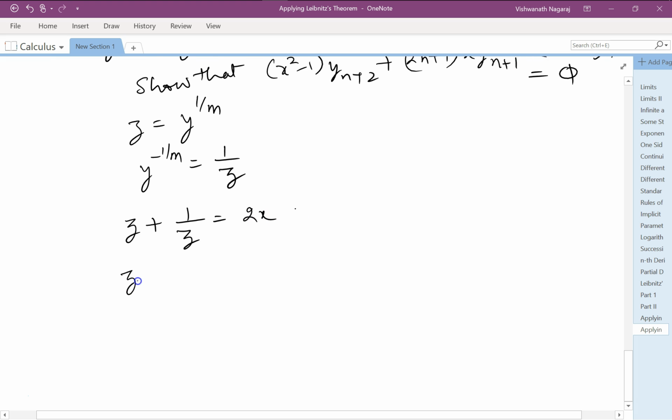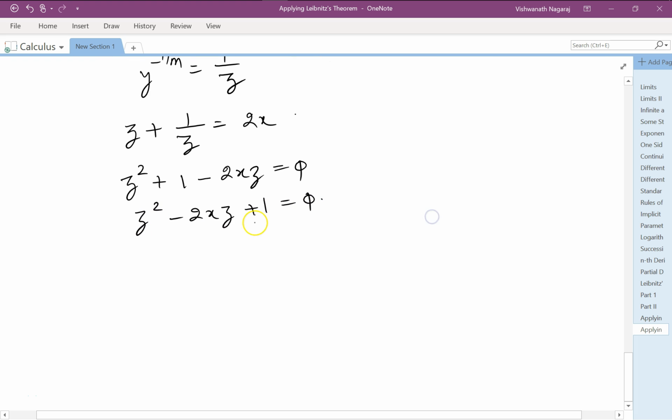Let's take the LCM. z square plus 1 is equal to 2xz, and if we bring it to this side, it becomes minus 2xz. Let's rearrange this: z square minus 2xz plus 1 equal to 0. Now remember, this is a quadratic equation. So how do we find z?